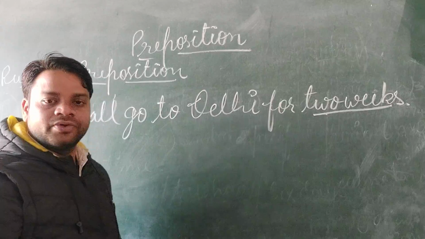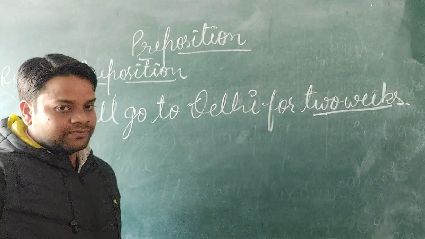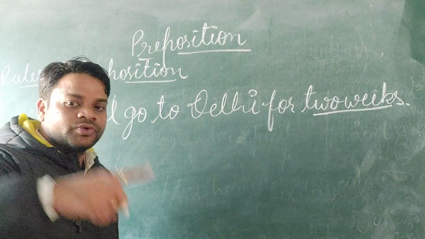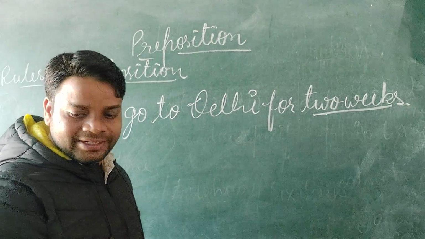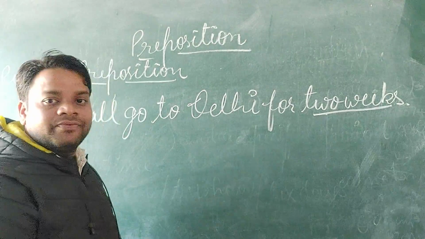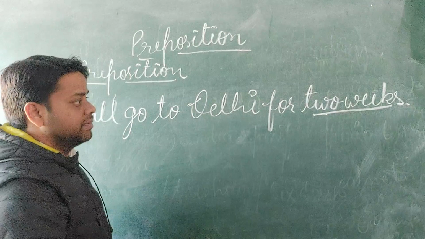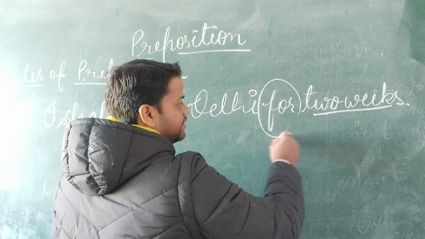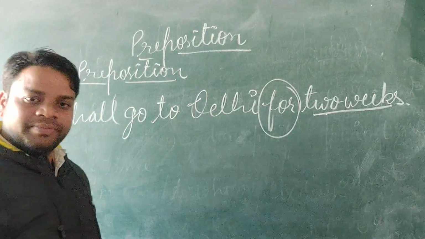Which 2 weeks are you talking about? The first 2 weeks of the month, the last 2 weeks of the month? It is not clear, it is not sure which weeks you are talking about. Because of that only, here you have to use the preposition for.